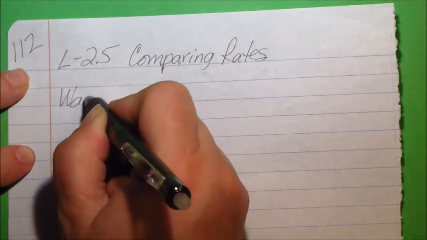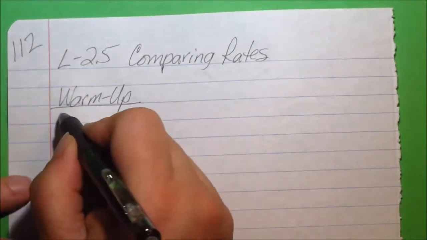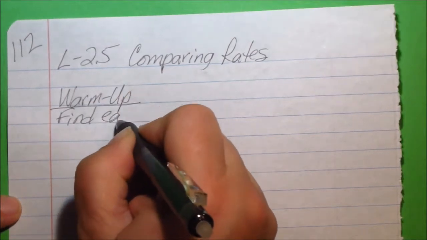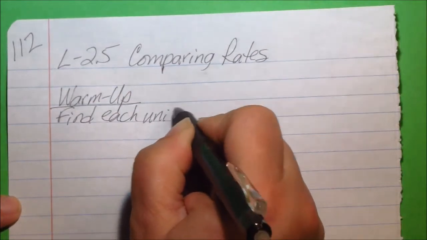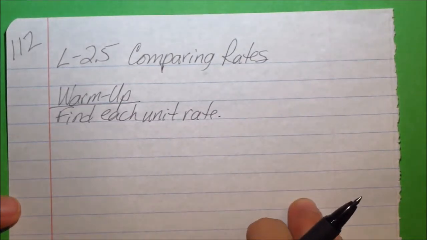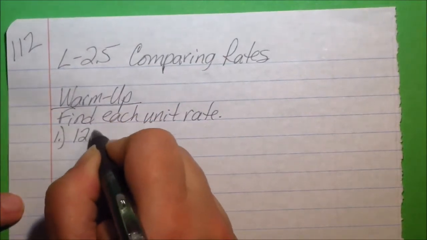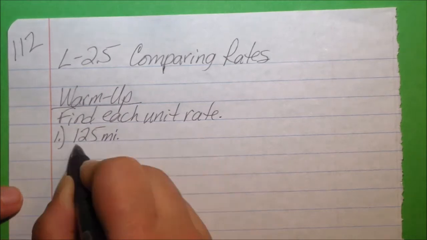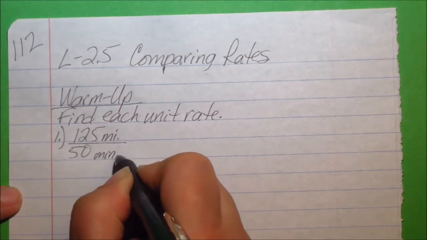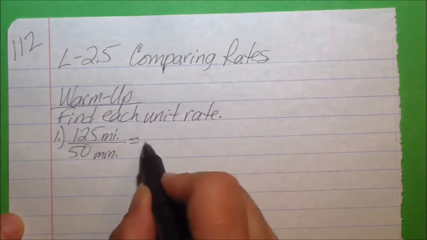But as always, we have our warm-up first. The warm-up is find each unit rate. The first one is 125 miles per 50 minutes is equal to what?